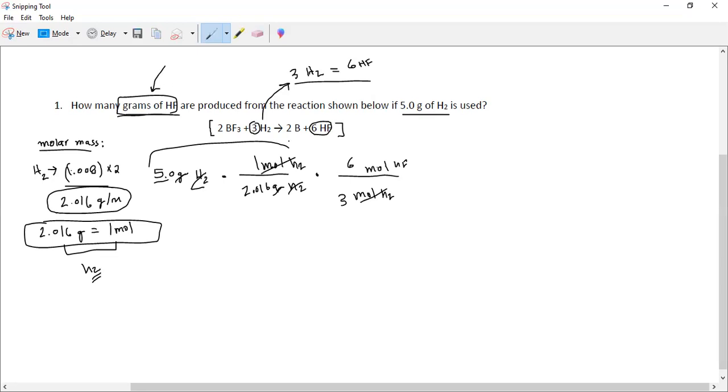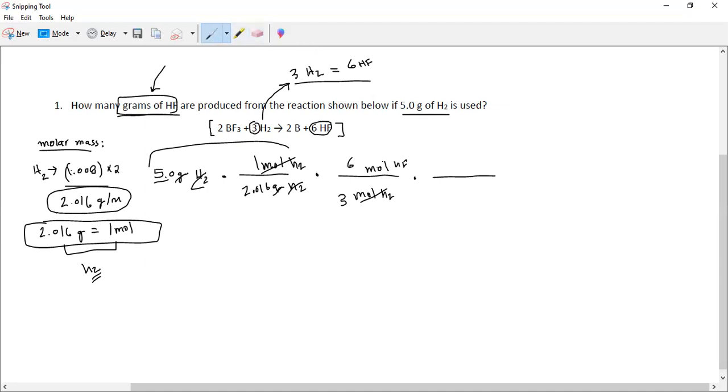So you say, okay, I have 6 moles of HF. What can I do so that my moles of HF will cancel? Is there a conversion factor that I know of that can take me from moles of HF to grams of HF? Well, if you remember, the molar mass of a compound, and HF is a compound, is expressed in grams per mole.